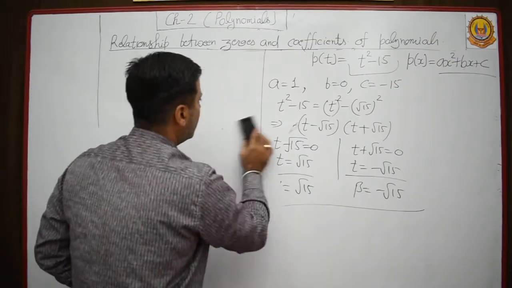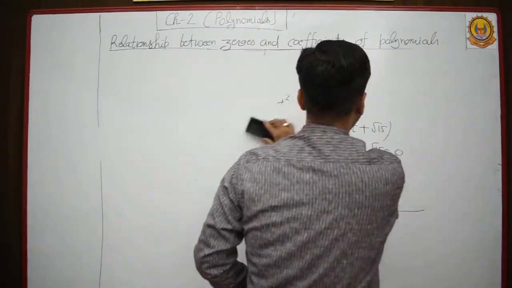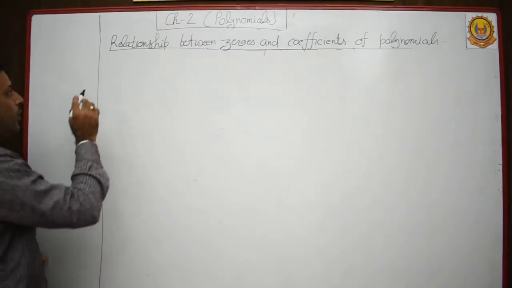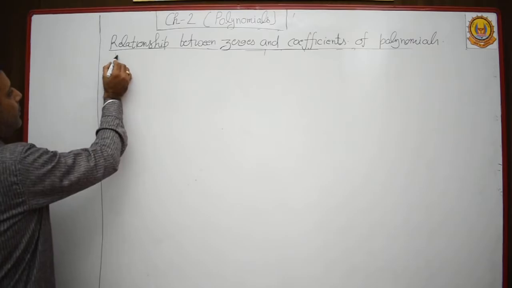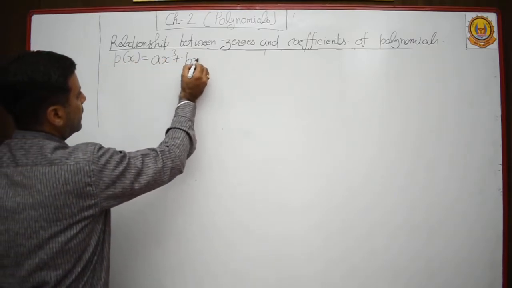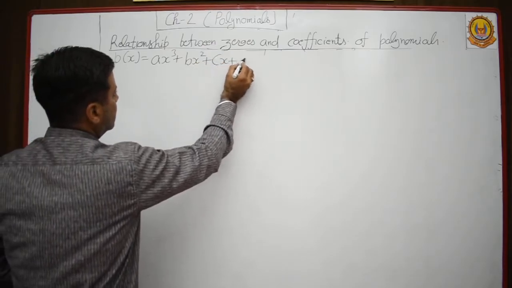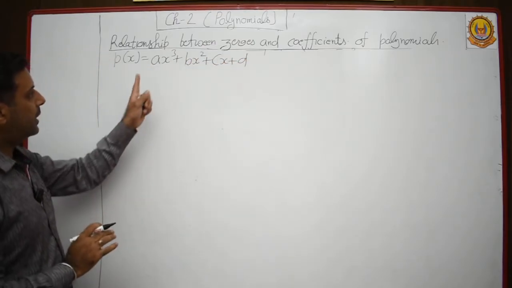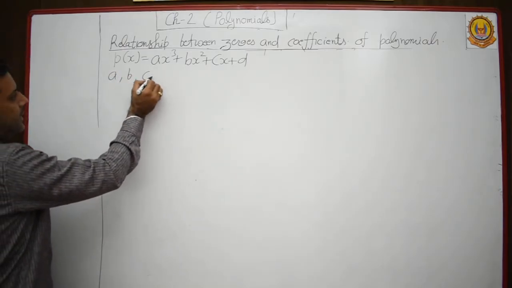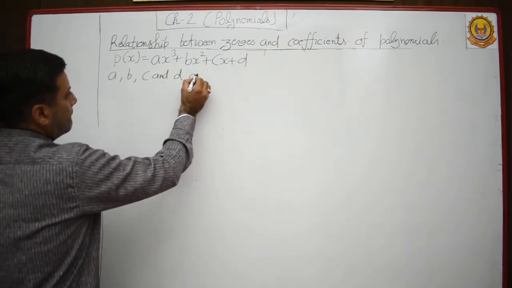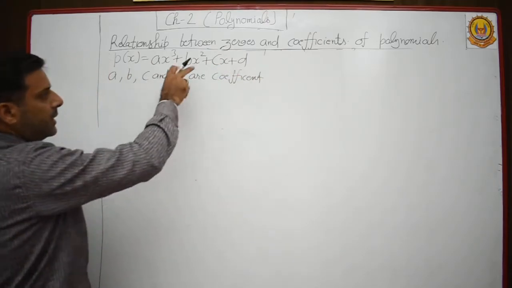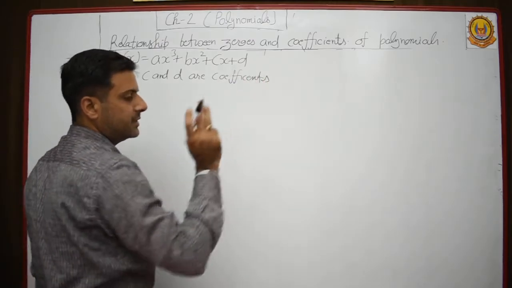Now I am going to tell you about the cubic polynomial. In a cubic polynomial, suppose we have a polynomial p of x equal to ax cube plus bx square plus cx plus d. Here we have four coefficients: a, b, c and d are coefficients, and because its degree is 3, it has 3 zeros.